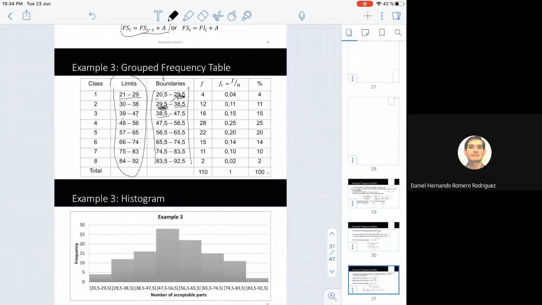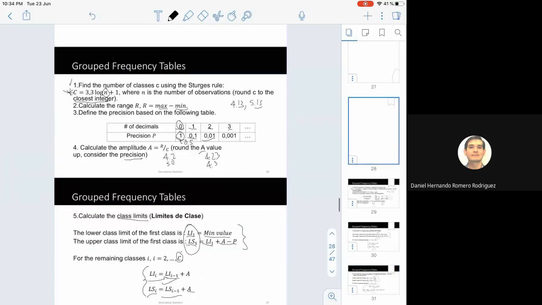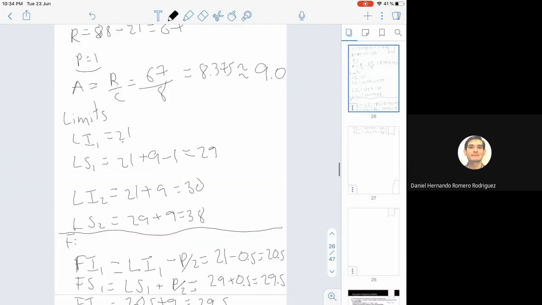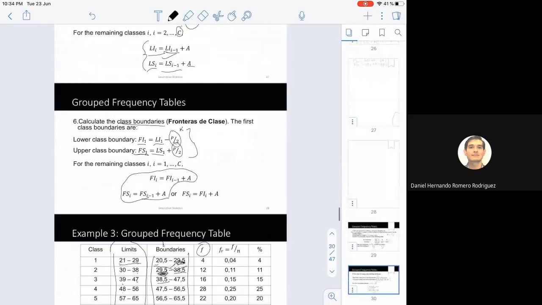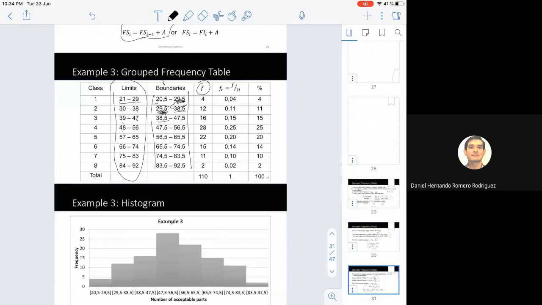Because now it's just a matter of finding the frequencies. So now you just have to go to the original table and find how many observations in this table of the example are located in the first class. So how many observations are between 20.5 and 29.5? In this case, there are 4 observations.